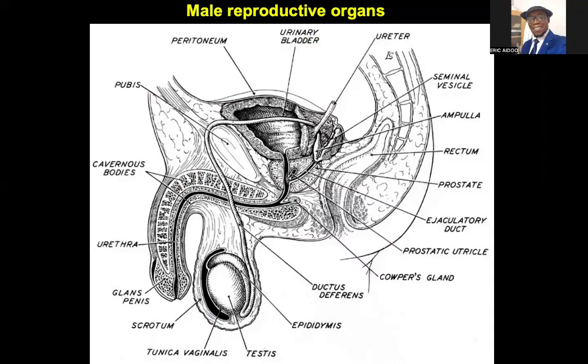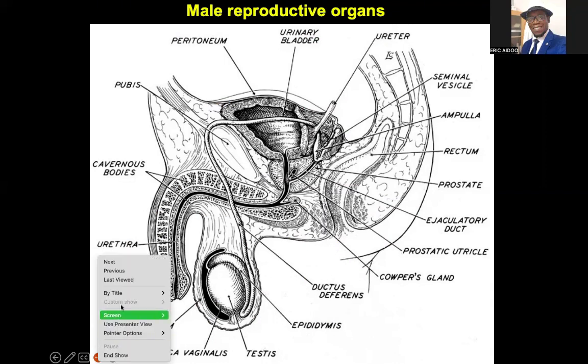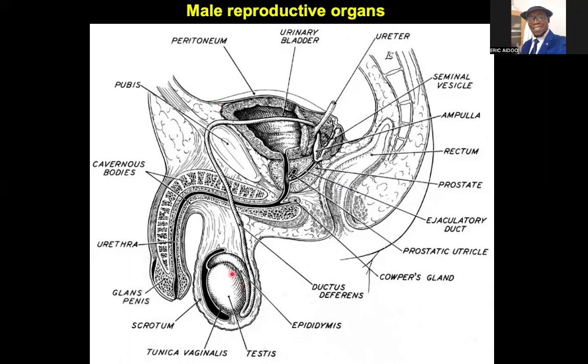So this is a vertical section through the male reproductive system. So we can look at the structures involved here. The testis is shown here. That is the penis with the urethra within it.